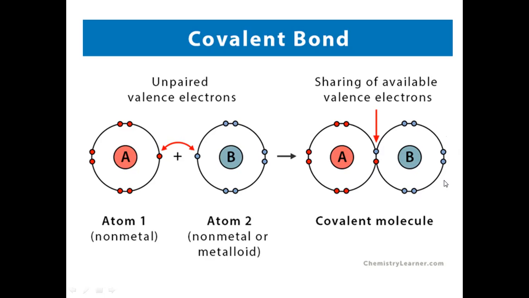Here you will see that the octet of this atom is complete. That means this atom is also having 8 electrons, and this atom is also having 8 electrons, as we have already discussed to complete the octet in the case of the ionic bond. So this criterion you may also fit over here.